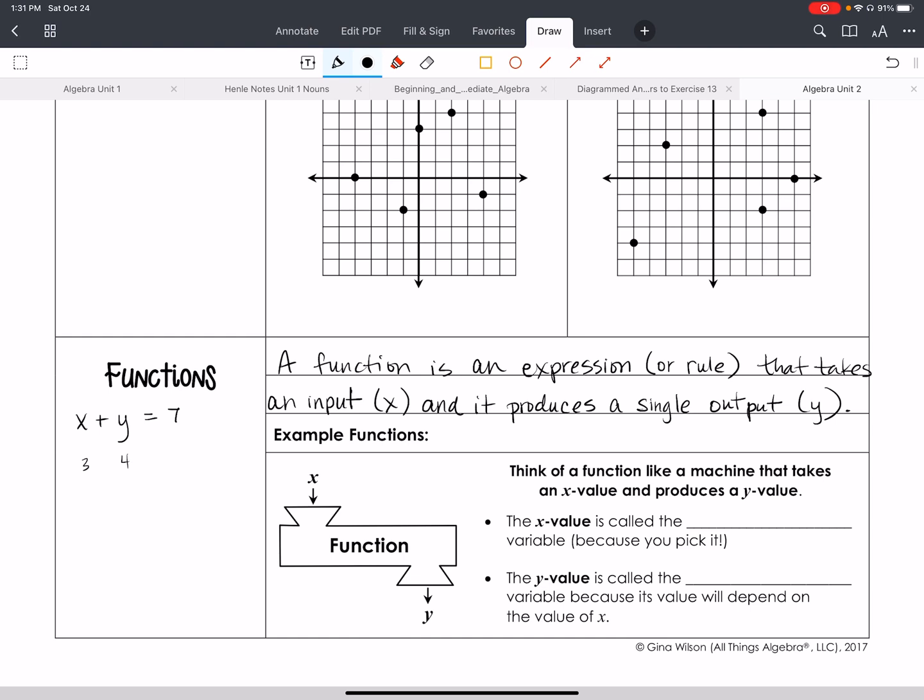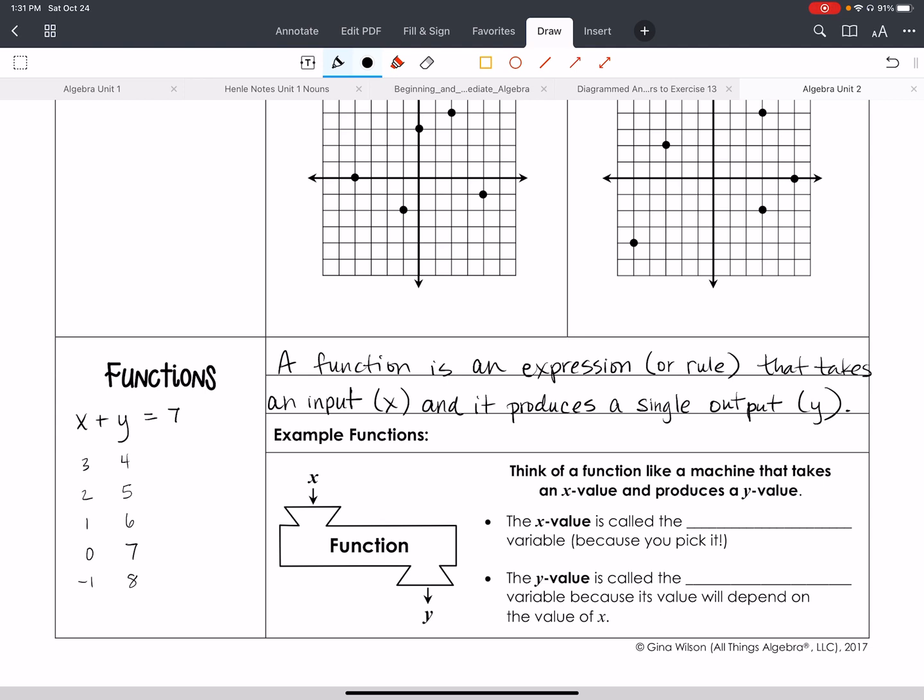If x is 2, then y must be 7. If x is 1, then y must be 6. If x is 0, y must be 7. What about negative numbers? Oh no, negative numbers. If x is -1, then y is 8. Oh no, we can keep going forever and ever and ever.